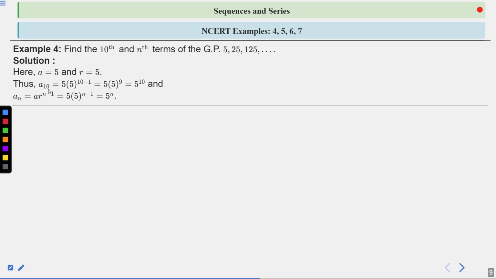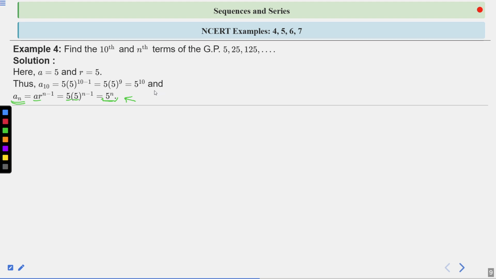Now, for the nth term, quite simple. Use the same relation: first term times common ratio raised to power n minus 1. In this case, a is 5, r is also 5. So, we get the nth position term as 5 raised to the power n. Using this relation, you will get the nth position term of your GP. Simple. I hope this is quite easy to understand.